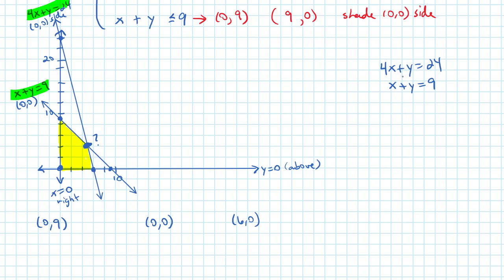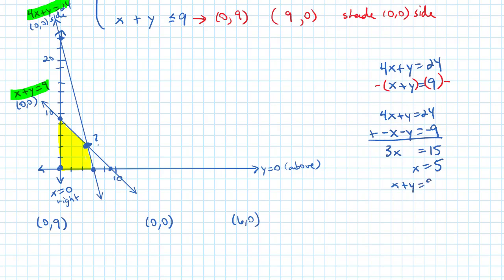So what I'll do is use elimination here, so I'll multiply the second equation on both sides by a negative. So now I have 4x plus y equals 24, and negative x minus y equals negative 9. When I add those together, I get 3x plus 0 equals 15. And if I divide by 3, I can see that x equals 5. Then I need to plug 5 back into one of these equations.